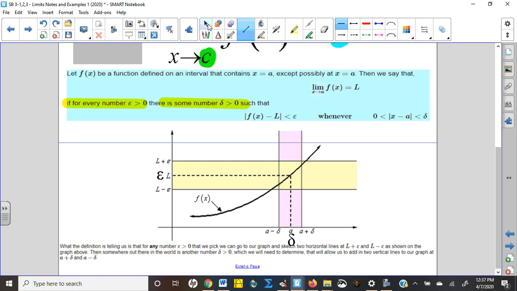They put it in a nice way here. It's probably too small of a print for you guys to read, but it says that what the definition is telling us is that any number epsilon greater than 0 that we pick can go to our graph, and we can sketch two horizontal lines such that L plus epsilon and L minus epsilon, so those are the two horizontal lines we see right here.